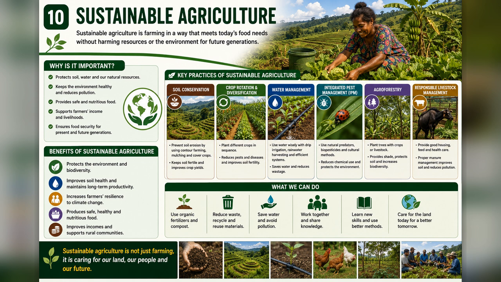Sustainable practices include soil conservation, crop rotation, water management, integrated pest management, agroforestry, and responsible livestock management. We can also use compost, reduce waste, save water, and care for the land. Sustainable agriculture is not just farming, it is caring for our land, our food, and our future.